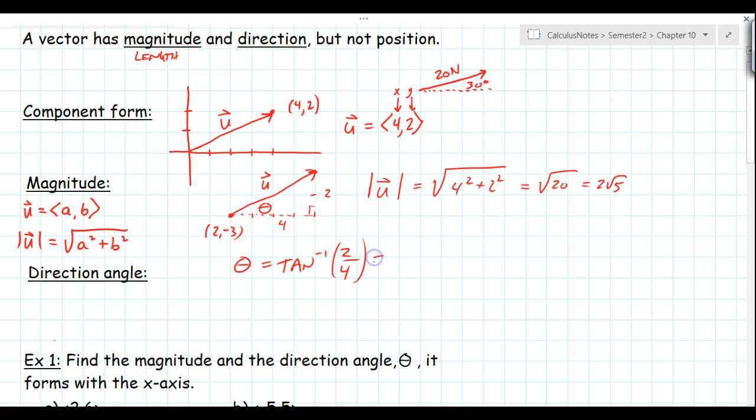Working that out on the calculator, inverse tangent of 2 over 4 is 26.565 degrees, or if you had it in radian mode, about 0.4636 radians.